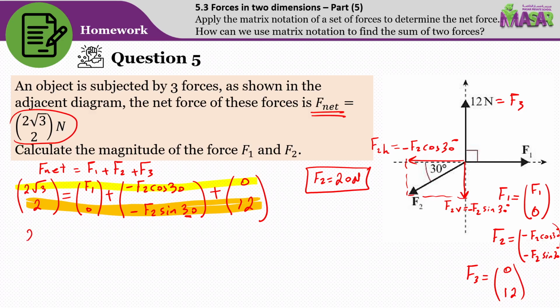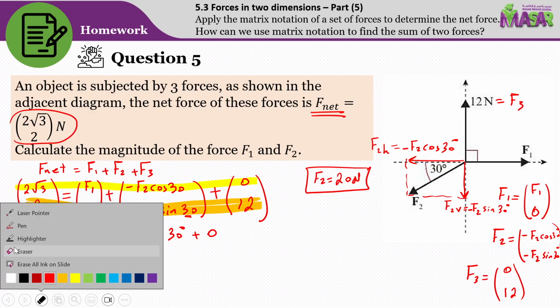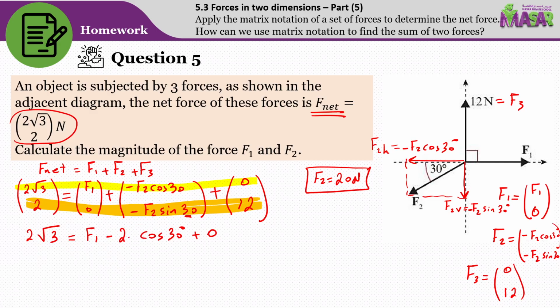I will use it again here when I construct the horizontal forces relationship, F1 minus F2 cosine 30. Now I'm considering the horizontal components, knowing that F2 is given by 20. So let me replace it with 20.